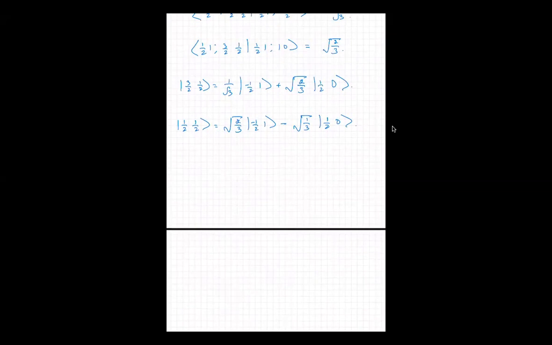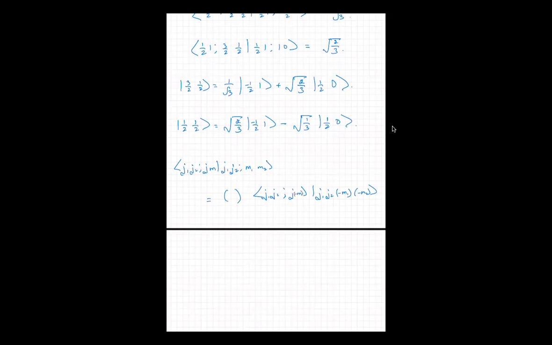So suppose you have <j1, j2; m, m1, m2 | j, m>, this is equal to something times <j1, j2; minus m1, minus m2 | j, minus m>.